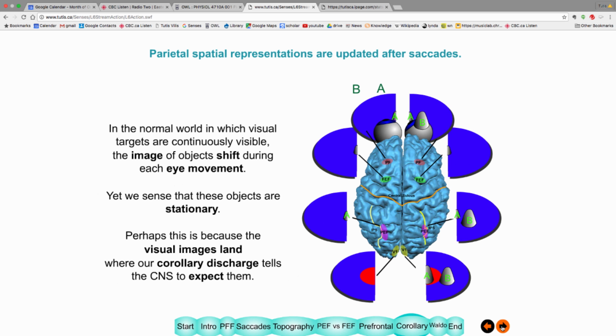And the sense of objects being stationary, even though your eyes are moving and the slip is all over the place, is generated by corollary discharge. They move where you expect the object to be to where you actually see it to be. So the two maps match. The one from the visual cortex matches that in your parietal eye field, frontal eye field, prefrontal cortex, the memory, and therefore in this parietal eye field as well.